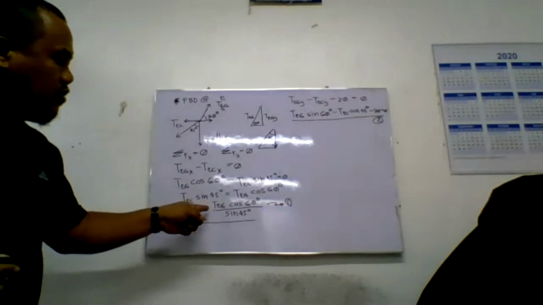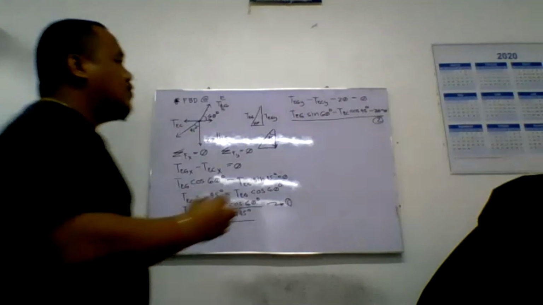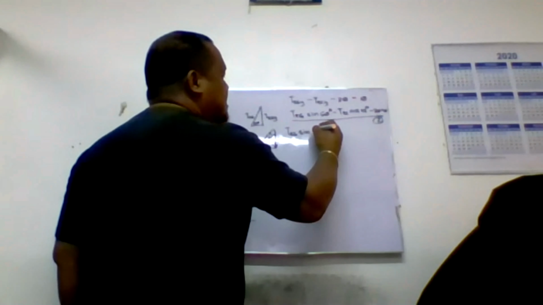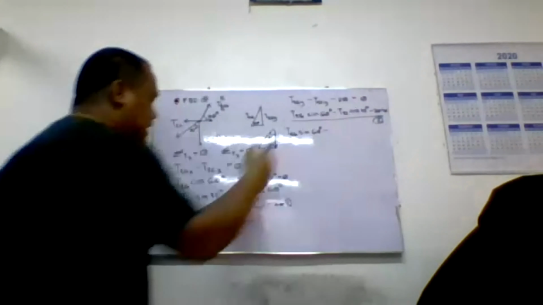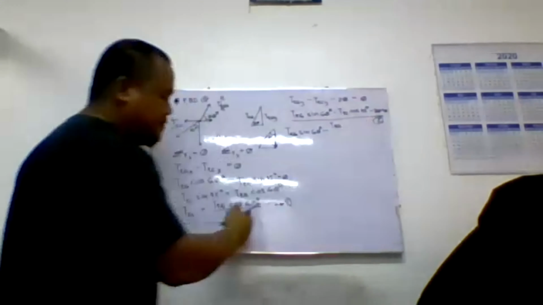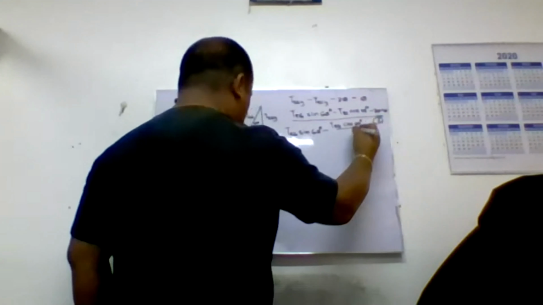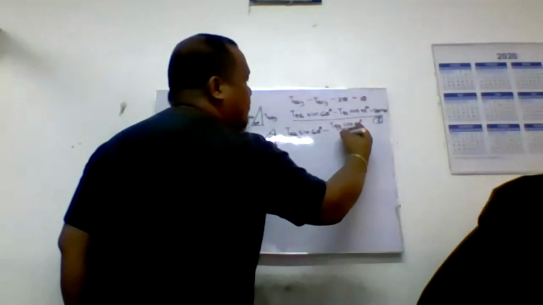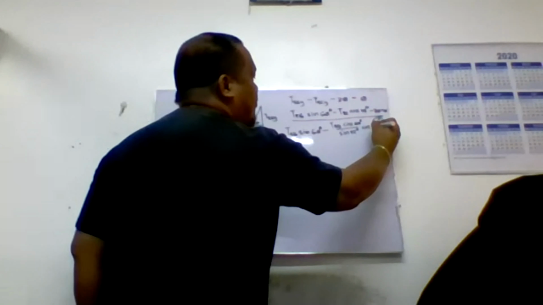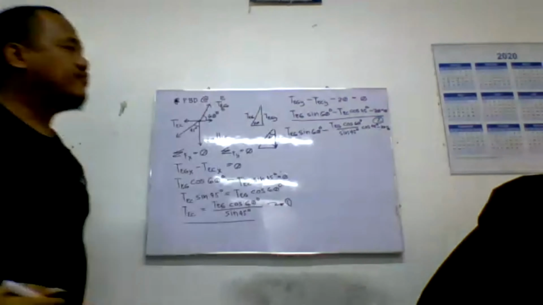Next, we are going to substitute equation number 1 into equation number 2. This will become T_EG sine of 60 degrees minus, instead of T_EC, T_EG cosine 60 all over sine 45 times cosine 45, minus 20 is equal to 0.